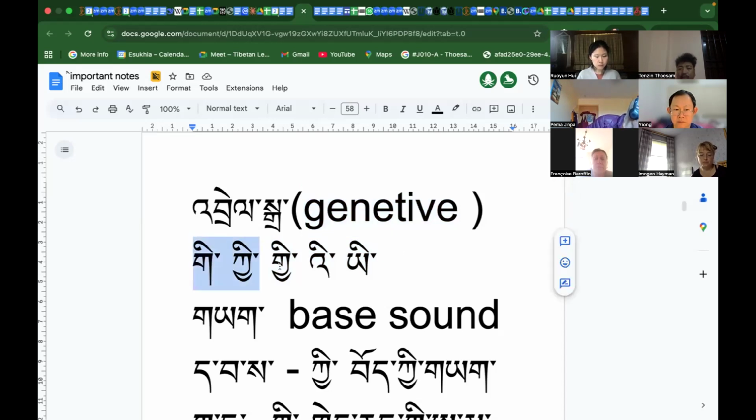So these particles are always after whoever is related to. For example, Tenzin Ki Thep. When I say Tenzin Ki Thep, Tenzin's book, Ki is after the Tenzin. So you see, it is always after whoever or whatever it is related to.